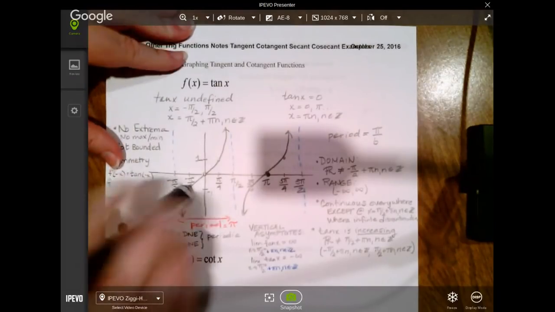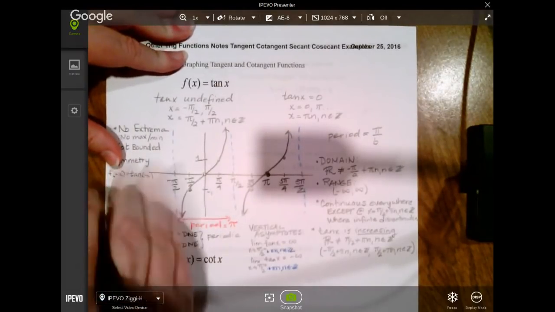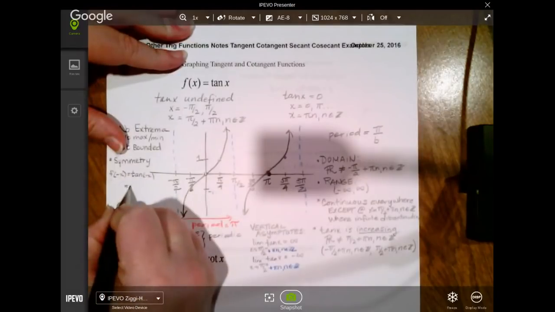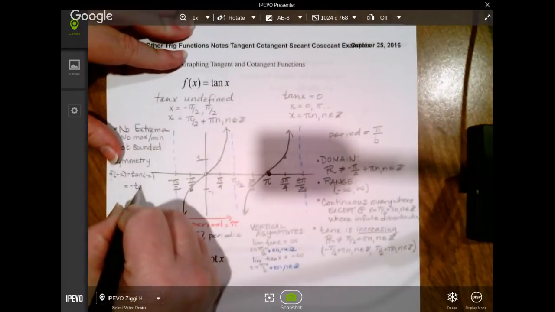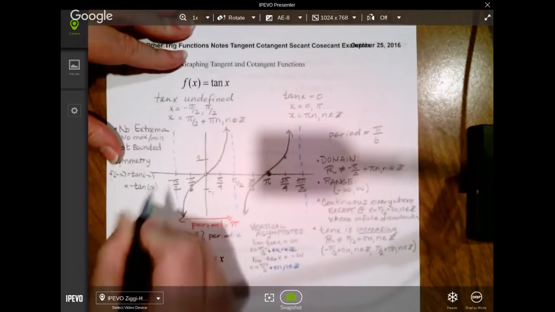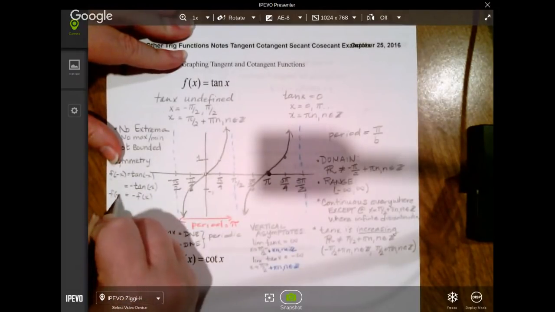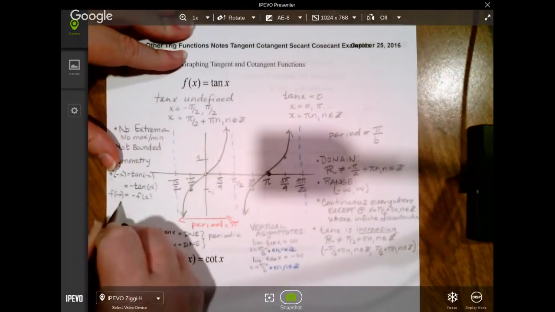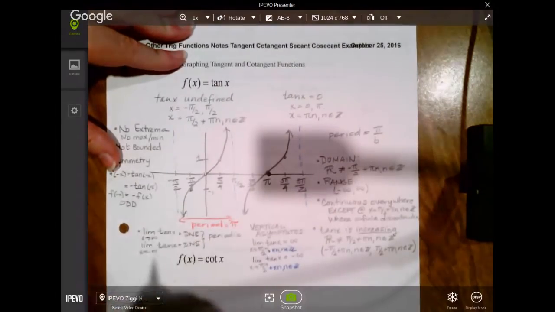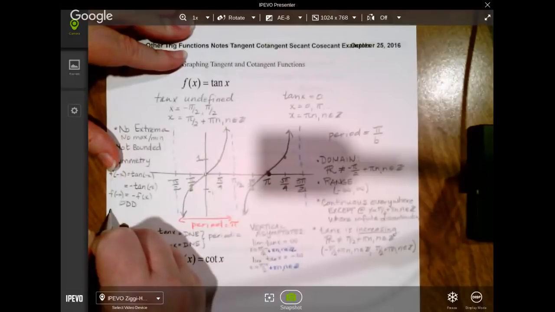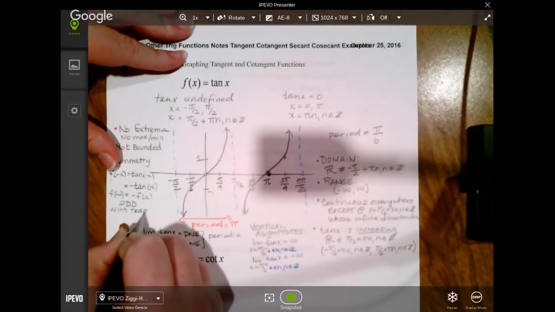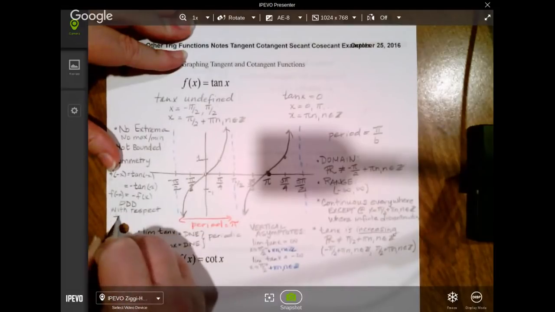So when you do that, let me erase this, you can take the negative out of the tangent angle argument, and then we know that is equal to negative f of x, which means if f of negative x equals negative f of x, we know that it's odd, and it has symmetry with respect to the origin.